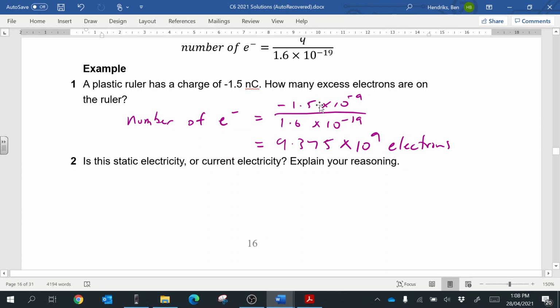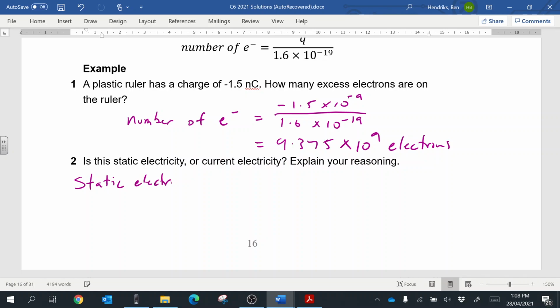Is this static electricity or current electricity? Explain your reasoning. Well, it's static electricity, as it is a build-up of charge, and there is not a closed circuit.